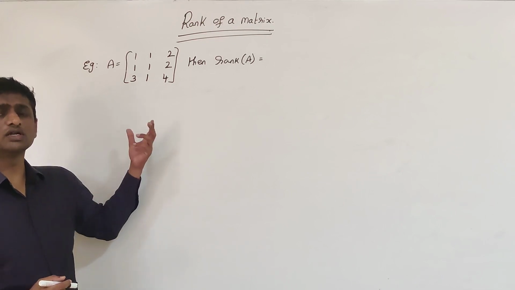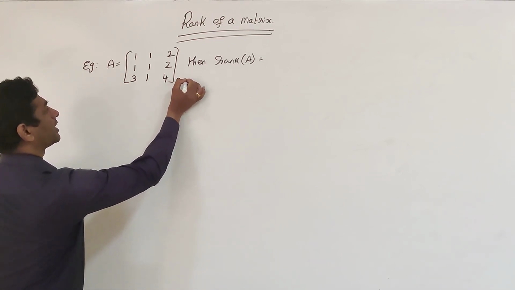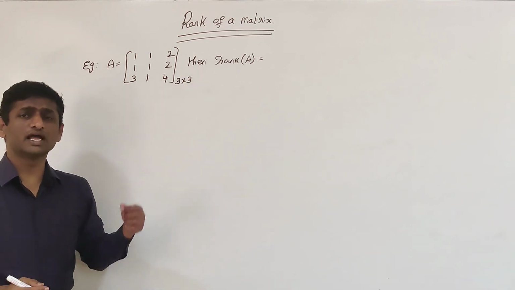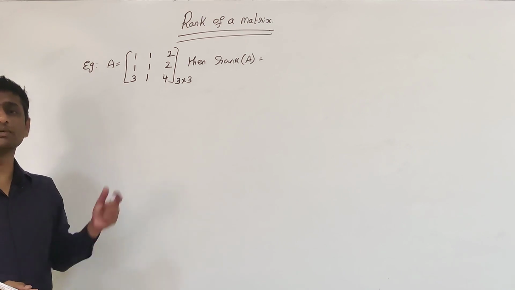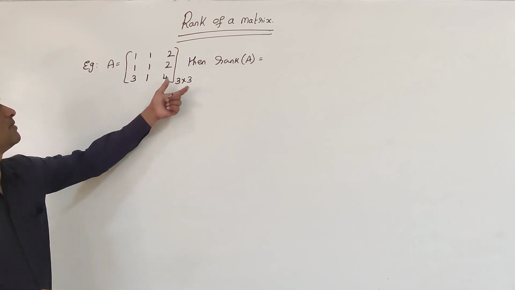Let's see what the square submatrices are. The size of this matrix is 3 by 3, so we can have square submatrices of orders 1, 2, 3, because the minimum of 3 and 3 is 3 only.